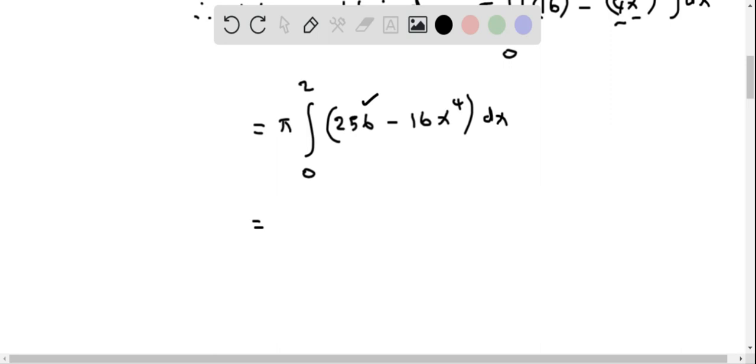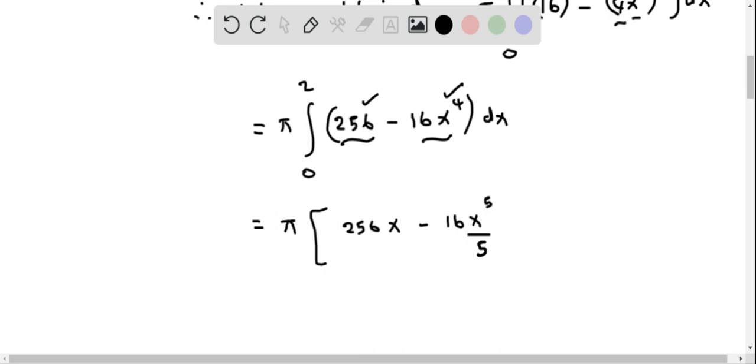So we can integrate this term and integrate this term. So I put pi times the integration of this, which is a number, so this is 256x minus the integration of this one, which is 16x raised to the power of 5 divided by 5.